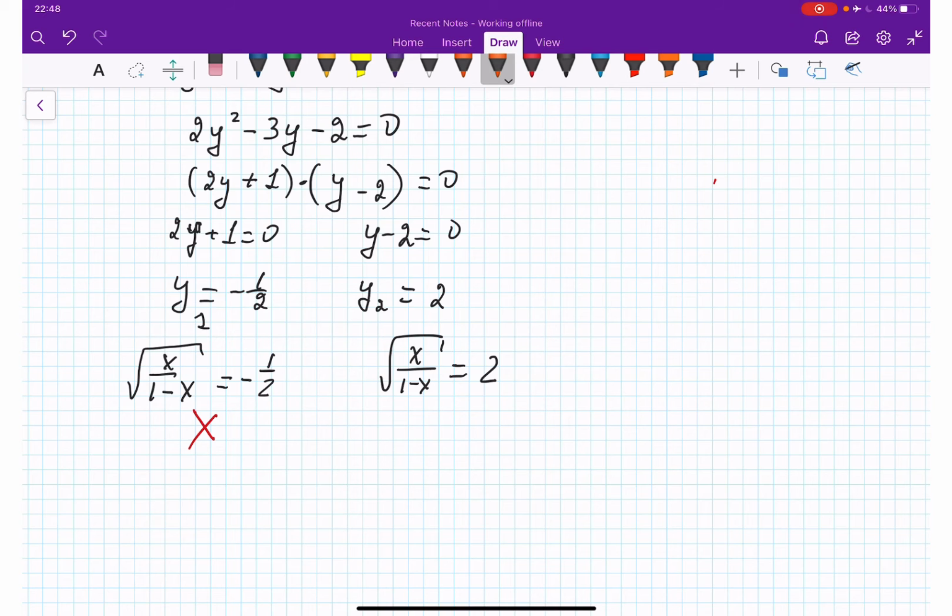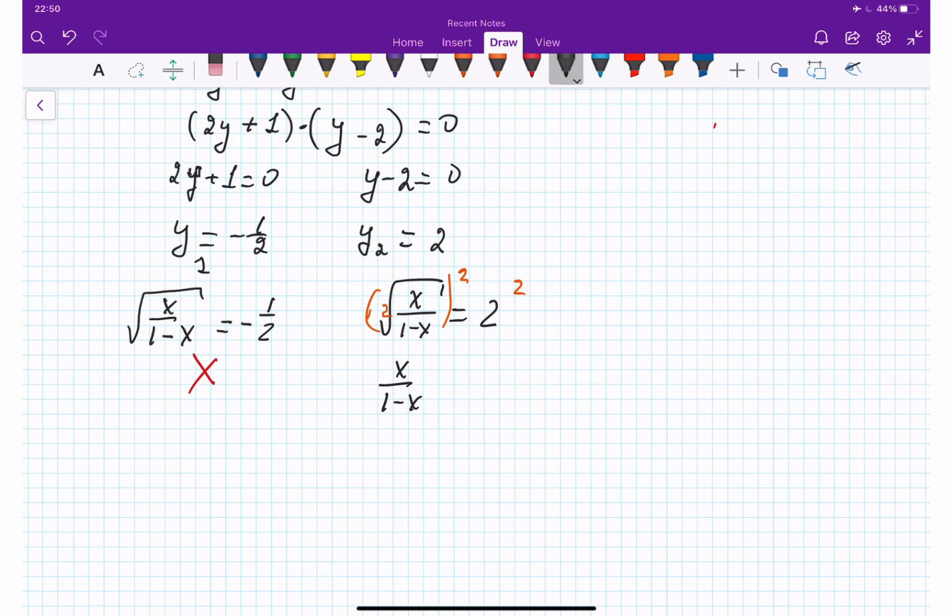So to solve the equation that involves a radical, we need to raise to the power the radical degree is. Since we have here degree 2, which is square root, we raise to power 2 here. And we are getting x over 1 minus x is equal 4.